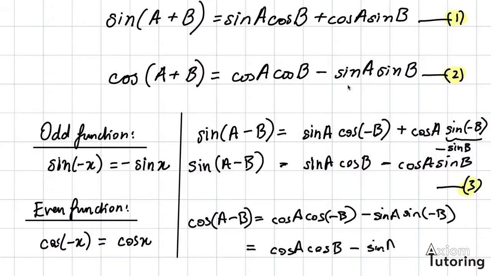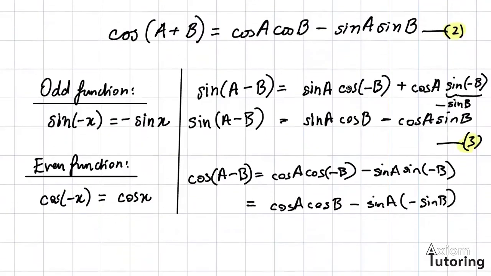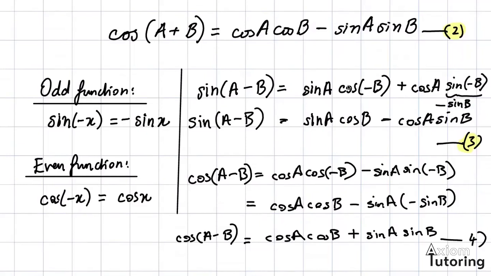Then we can write here minus sine a, minus sine b, because sine is an odd function. And so let's just rewrite this once more. We have a negative sine a times negative sine b. Well, that's going to give us positive sine a sine b. So now we have our compound angle formula for cos of a minus b. And that's our fourth expression here.